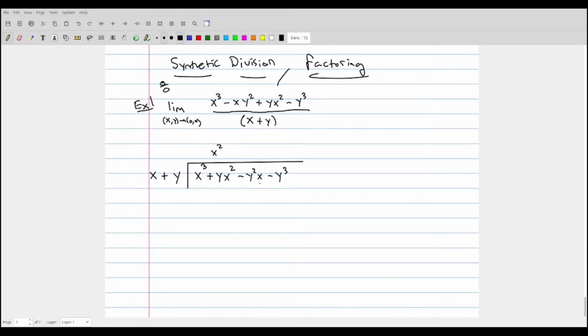I'm trying to get rid of the highest order terms in x here. So if I multiply x squared by this polynomial and subtract, x squared times x is x cubed. Then x squared times y is y times x squared.